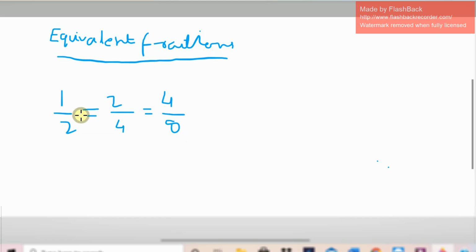For example, multiply by 2, we get 2. Here if we times by 2, we get 4.